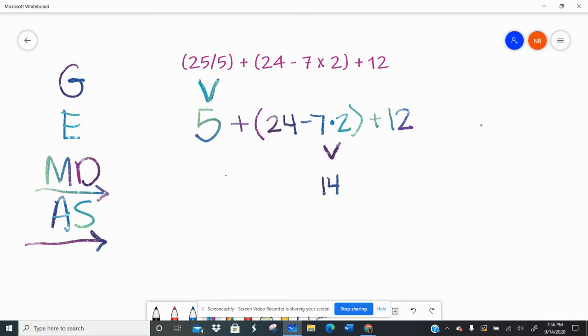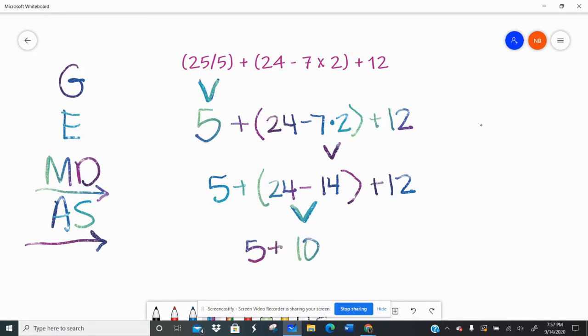So 7 times 2 is 14, and then I rewrite the problem. My grouping symbol is still there. 24 minus 14 is 10. I can drop those parentheses now, and now I'm done with grouping.